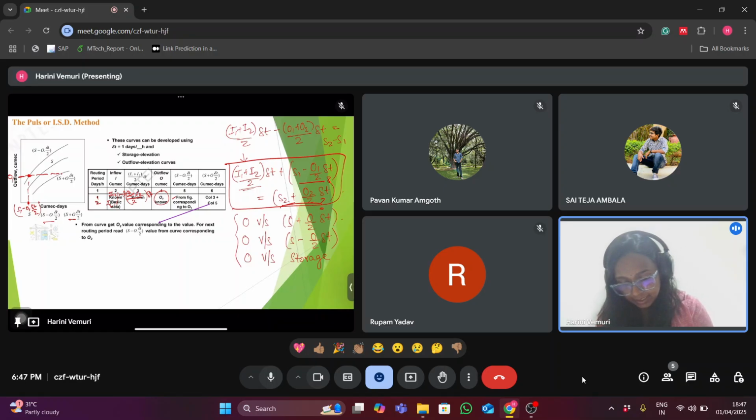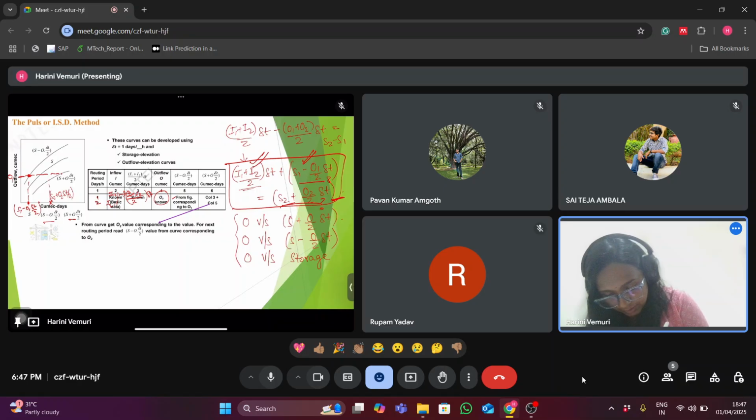And correspondingly, from this equation, we now know this term and this term. If we add these two, we will know this term also. So by adding up column 3 and 5, we will get the term S plus O into delta T by 2, suppose that will be S2 plus O2 into delta T by 2 value.